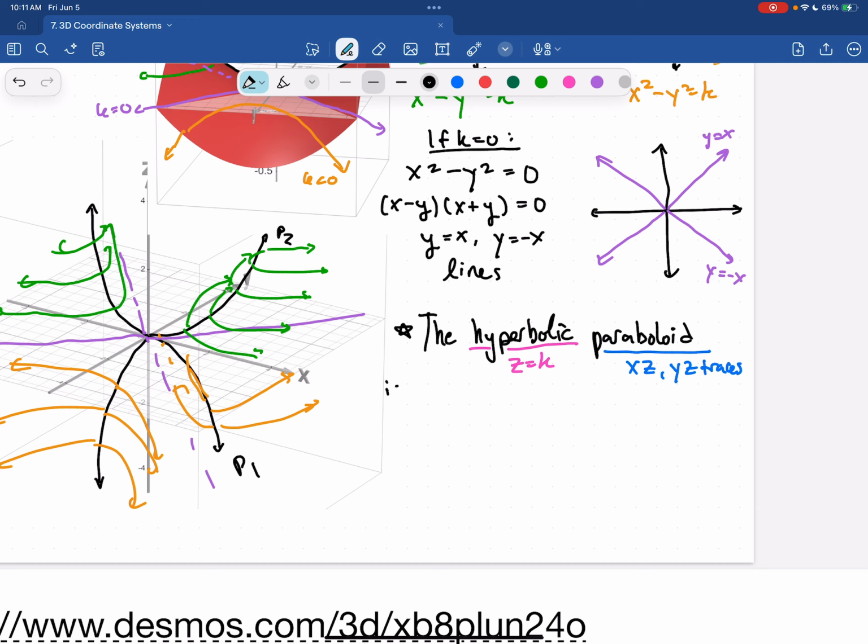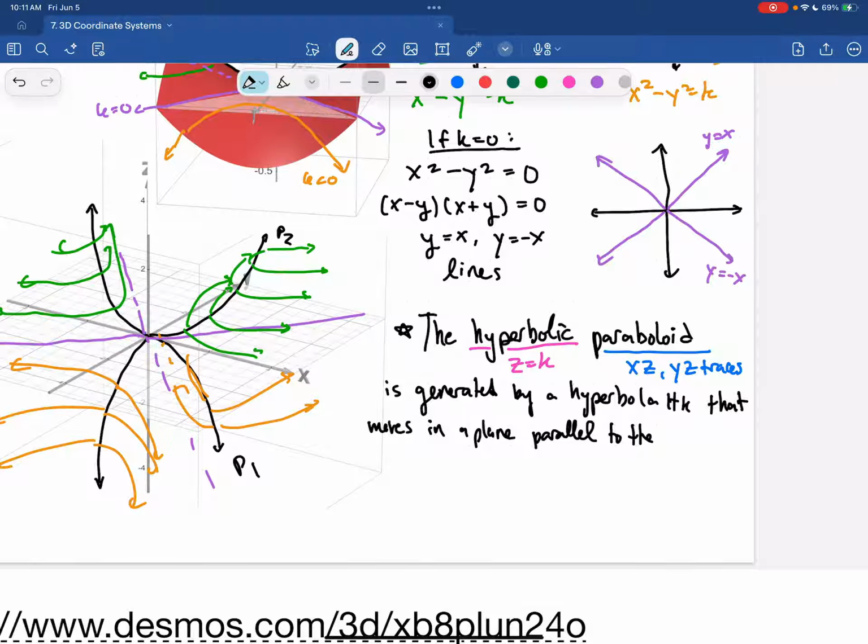This shape is generated by a hyperbola we can call hk that moves in a plane parallel to the xy plane, with vertices on parabolas P1 and P2.